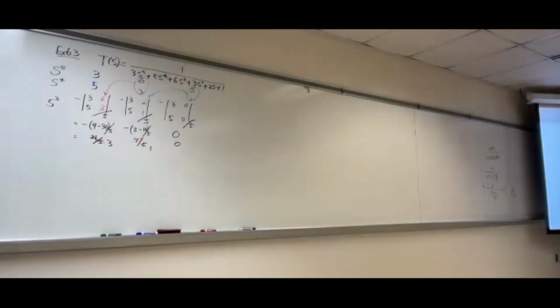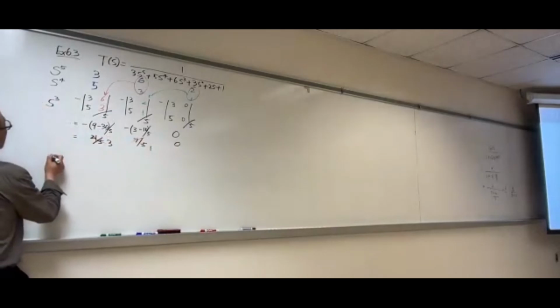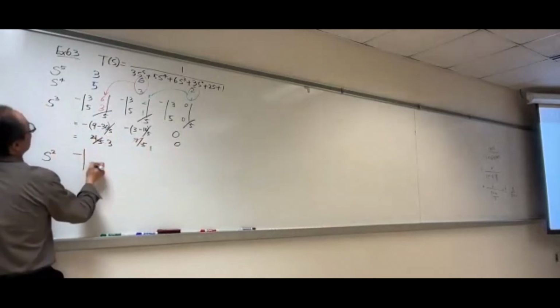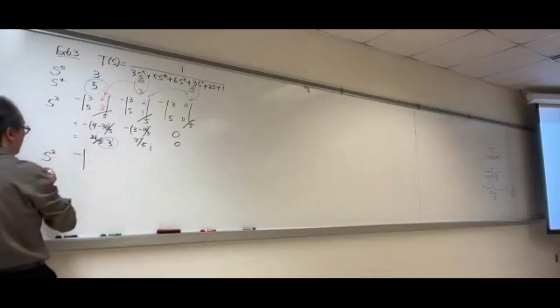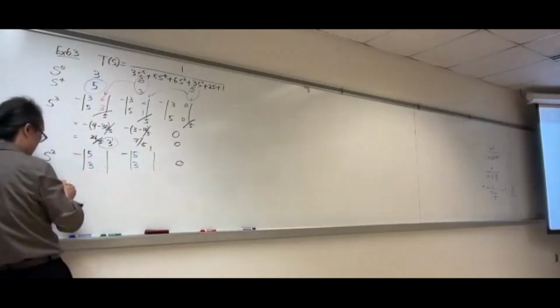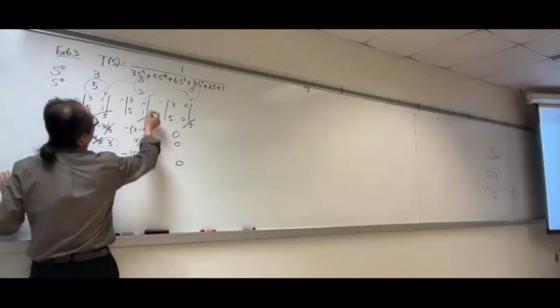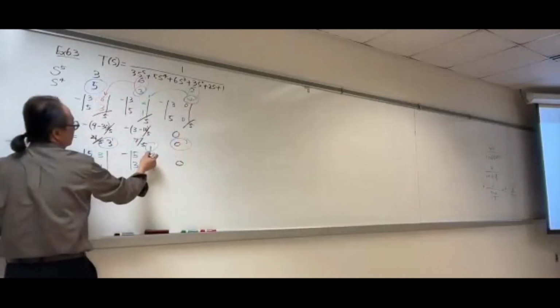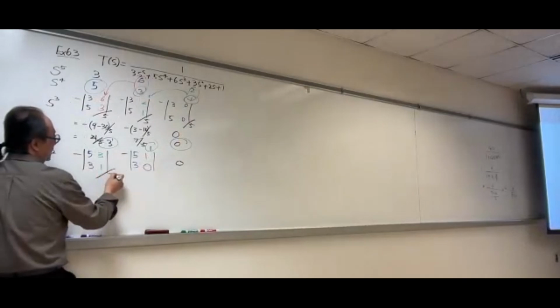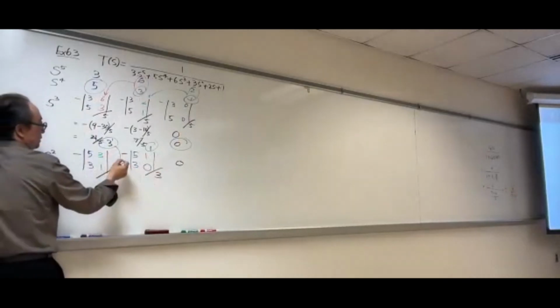So we have a 3, 1, 0. And then S2 is going to be 2 above 3 and 5, and I need to have 1 and 3, 0 and 1. Then we divide by 3. 3 is from here.